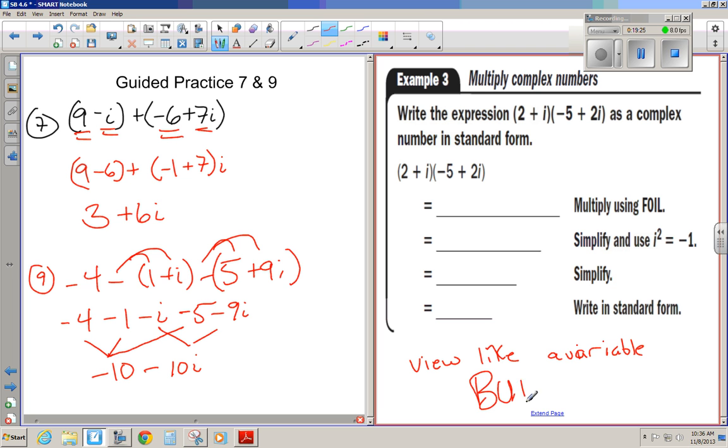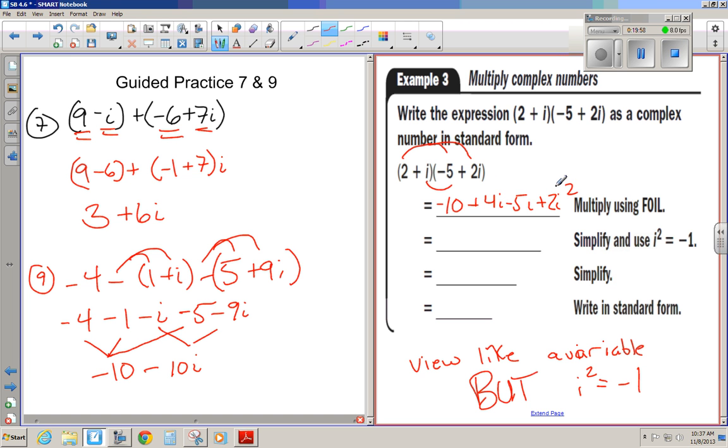But, and that's a big but, when you have i squared, you have to remember that i squared is equal to negative 1. So when you're multiplying, when you're foiling, 2 times negative 5 is negative 10. 2 times 2i is plus 4i minus 5i plus 2i squared.